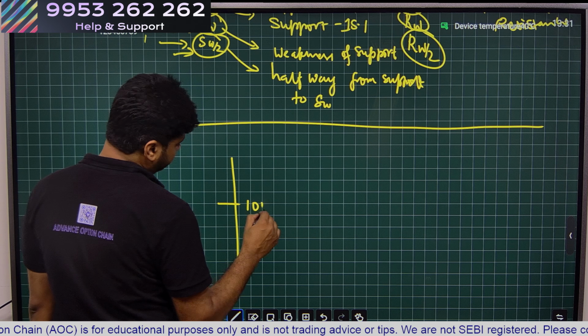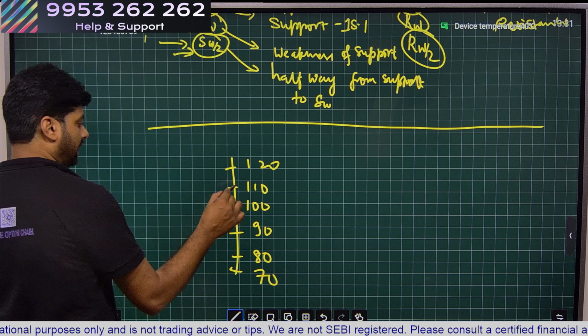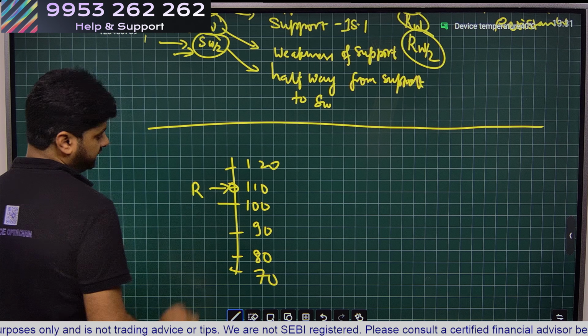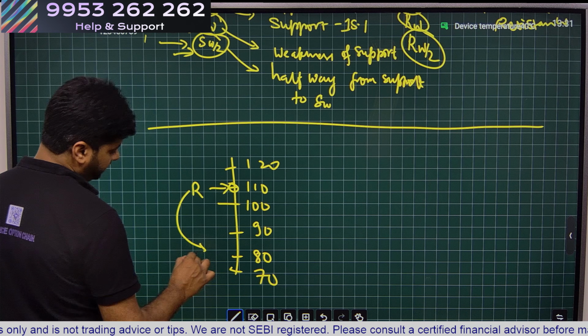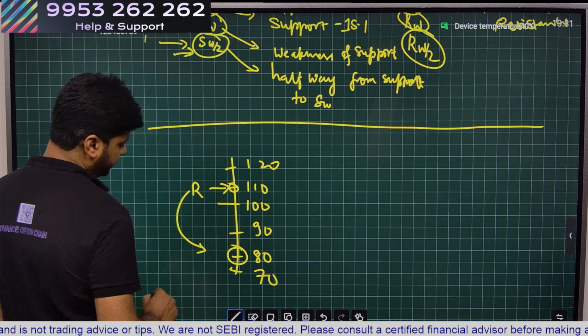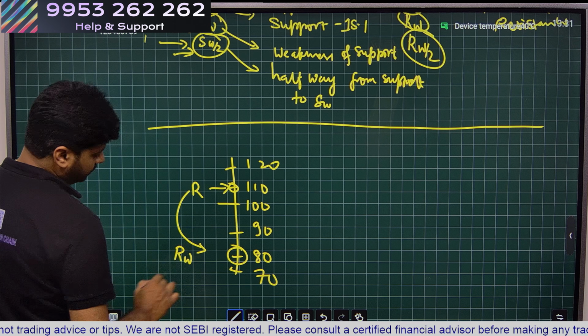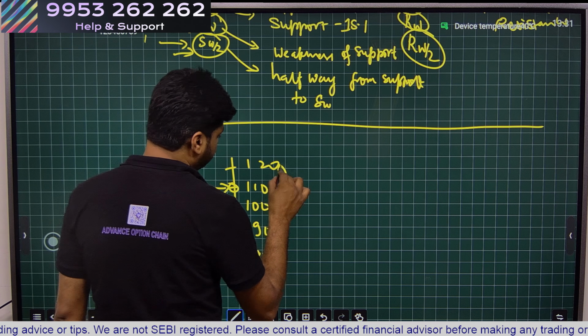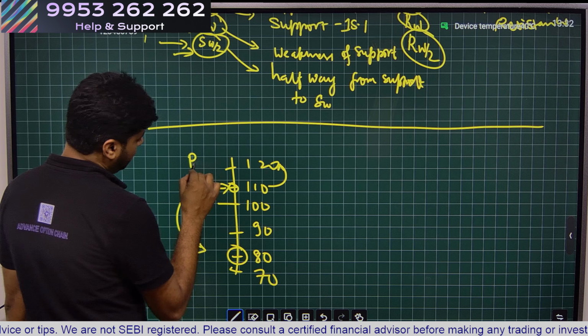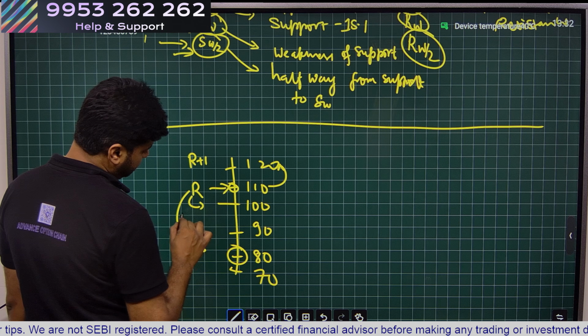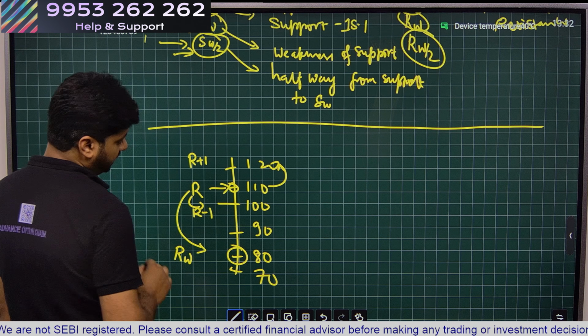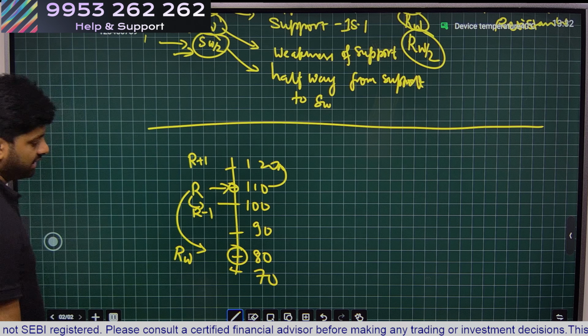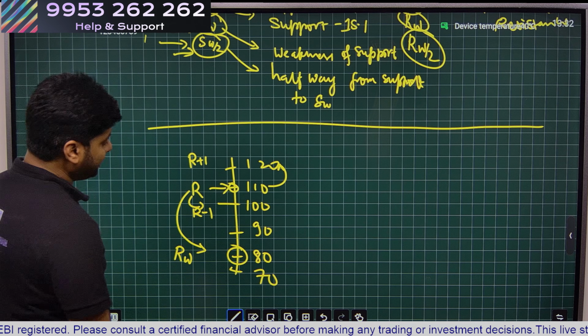Example: 100, these are strike prices. Suppose we have resistance R at 110. Resistance is shifting towards the bottom at 80, then this will be RW. One strike price above resistance is R plus 1. One strike price below is R minus 1. Halfway between 110 and 80 is 95.